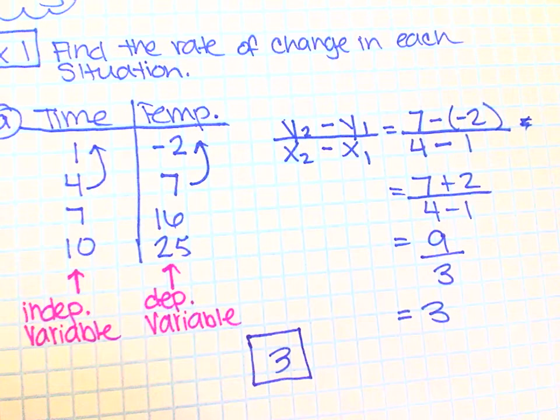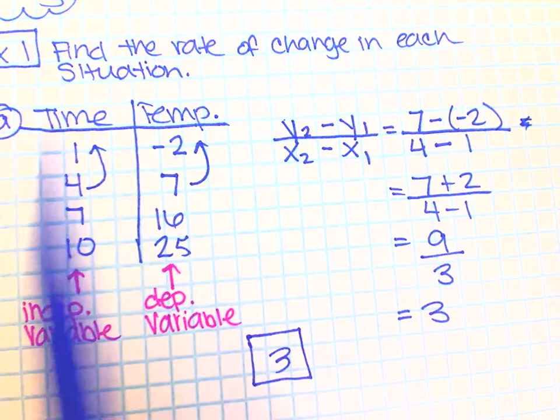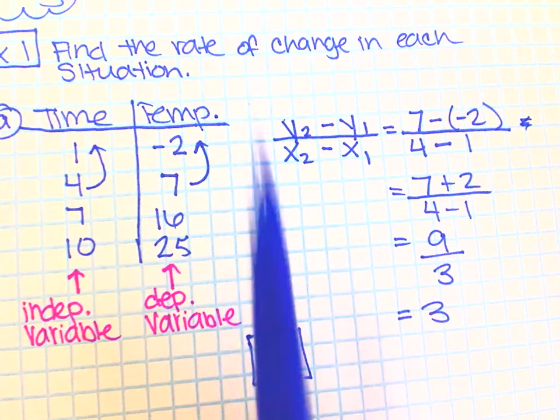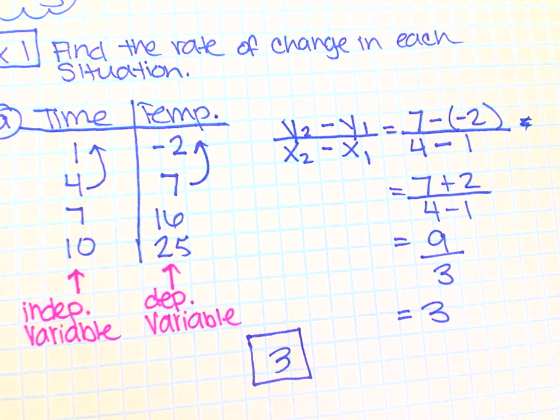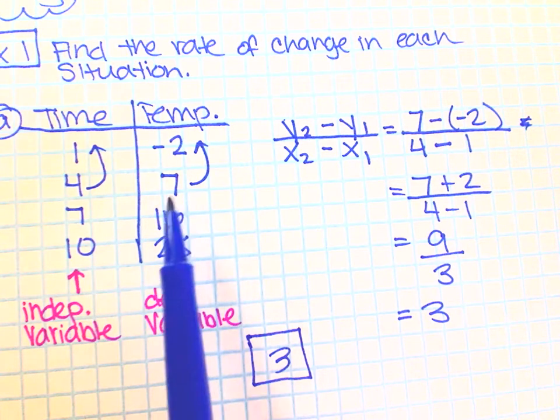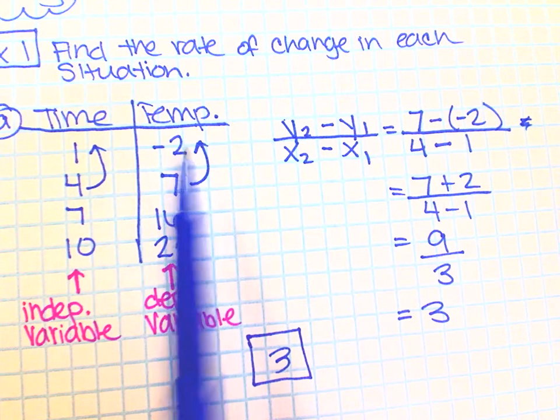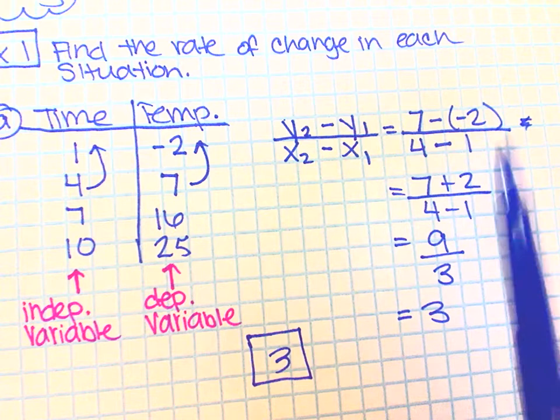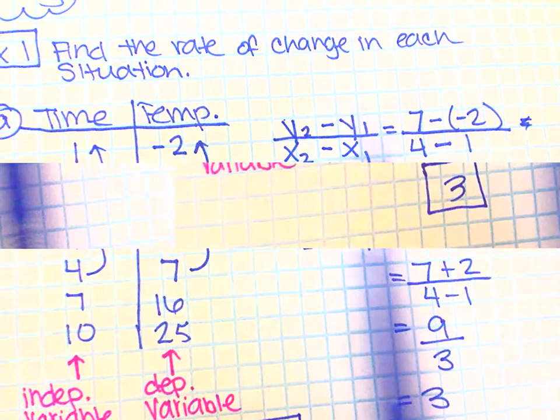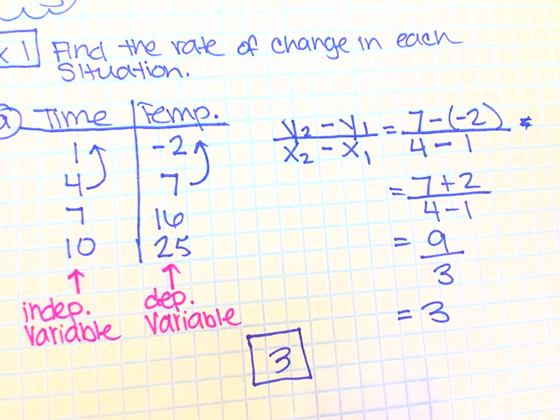So again, what you do when you have a table is one side of the table is your independent variable. The other side of the table is your dependent variable. Take the second one minus the first one, and the second one minus the first one over each other, using this equation, which is rate of change, to find your answer.